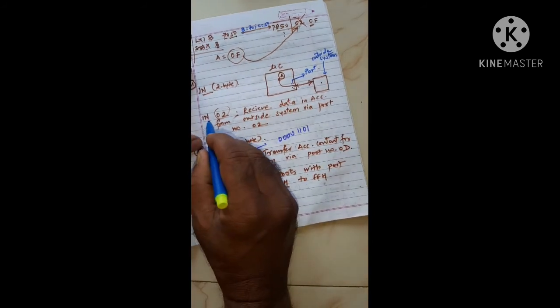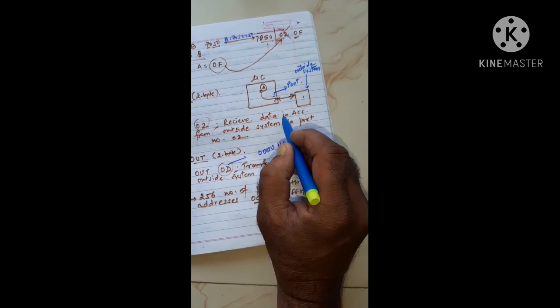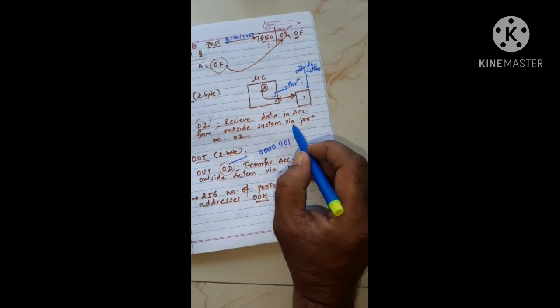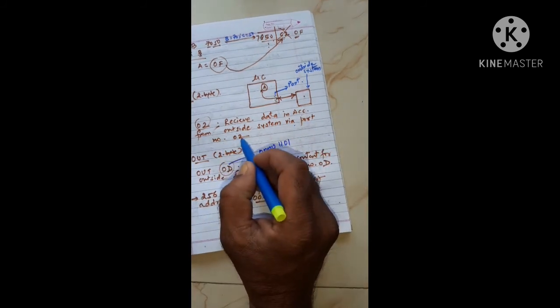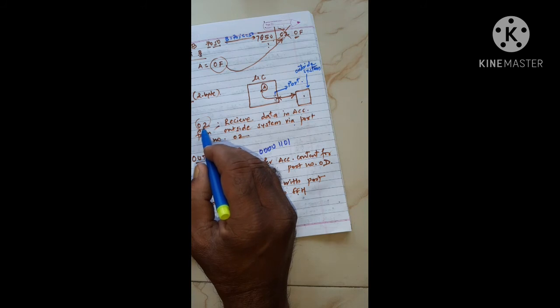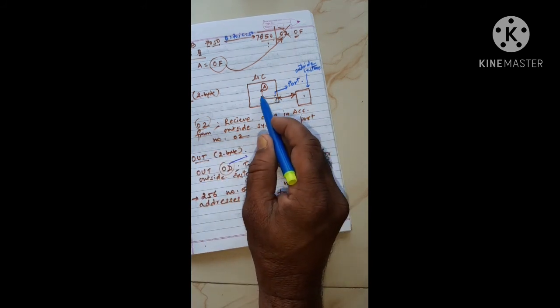If I write IN 02, its comment is receive data in the accumulator from the outside system via port number 02. 02 is not data, but a port number through which data can be taken in.